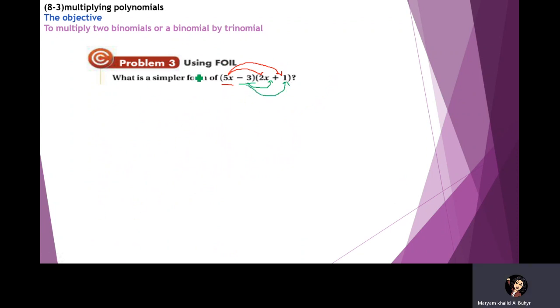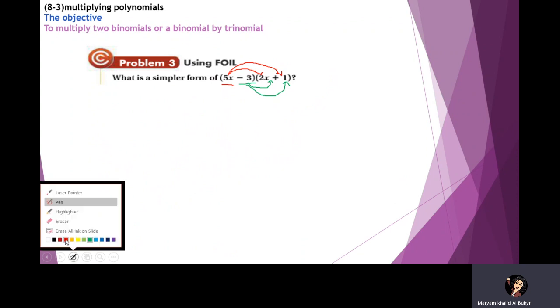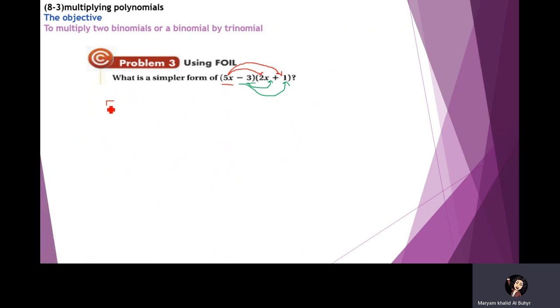So let's do that. For the first part, we are going to have 5x times 2x. Let me write them step by step for you. Then later on, I will multiply immediately without doing all these details. So 5x times 2x. Then this one with the 1, so plus 5x times 1.